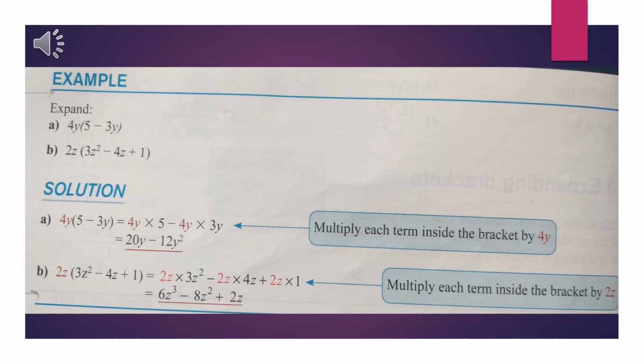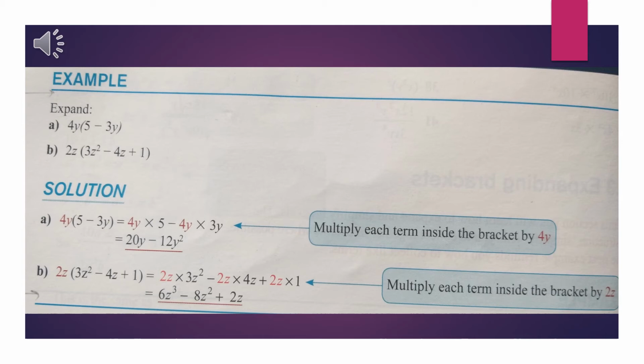Part A, expand 4y brackets 5 minus 3y. Part B, 2z brackets 3z squared minus 4z plus 1.